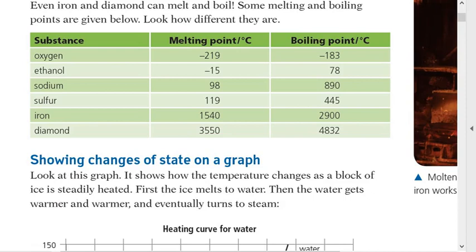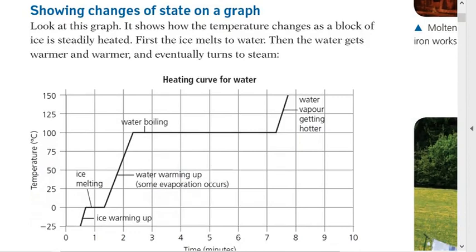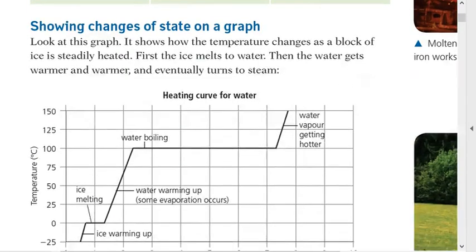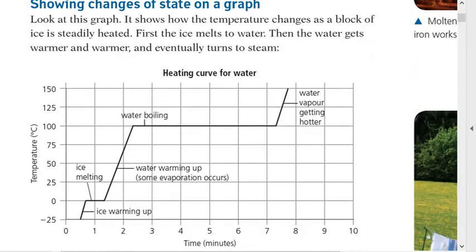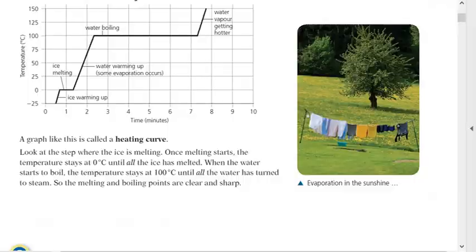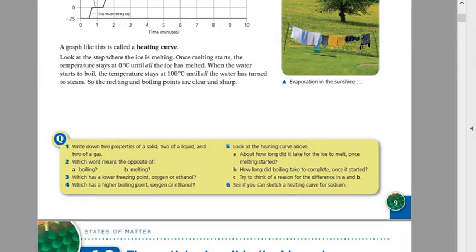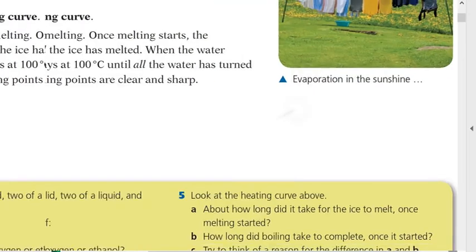Oxygen's melting point is very low, negative 219 degrees Celsius. Then this is a graph which shows changes of state. Please also pay attention to this graph, as it's going to influence the questions that you are going to be asked. Please take note of these questions.